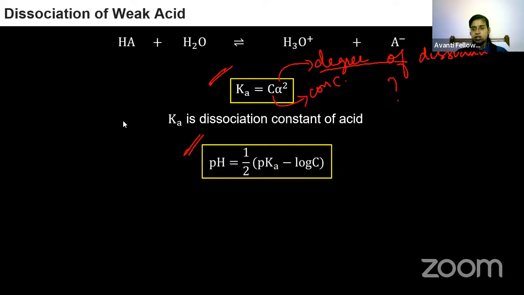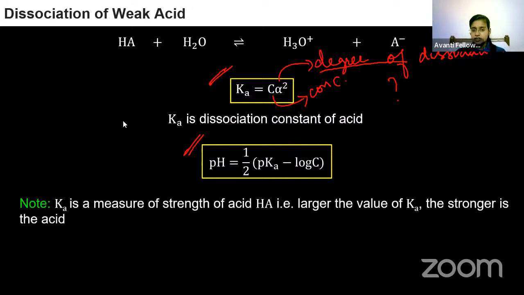So what is meant by Ka? Ka is called the dissociation constant. But what is the meaning? It is the measure of the strength of the acid. If the Ka value is larger, then the acid is stronger.